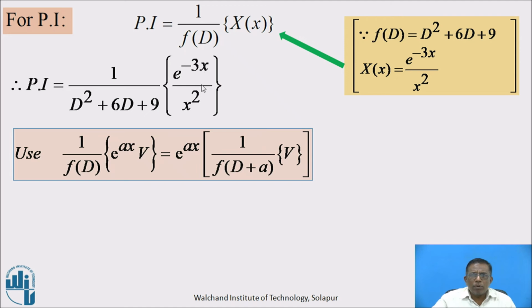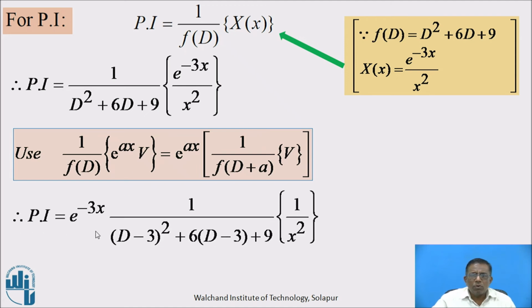Here v is 1 upon x squared and a is minus 3. Therefore, PI equals e raised to minus 3x kept as it is, and into 1 upon, in the denominator put D equal to D minus 3. Therefore, (D minus 3) squared plus 6 into (D minus 3) plus 9, and in bracket 1 upon x squared.